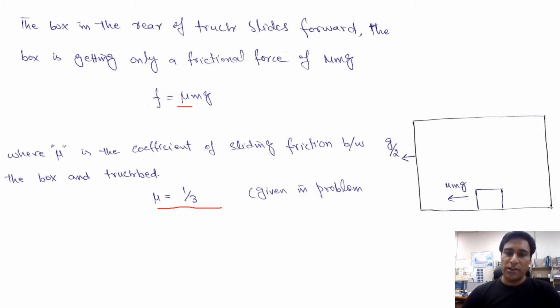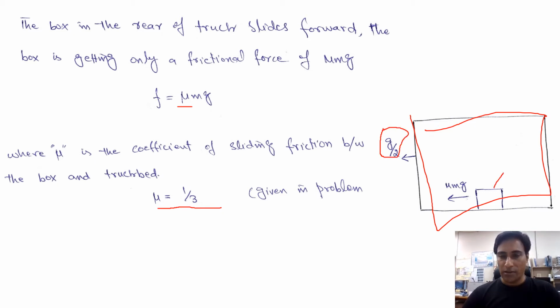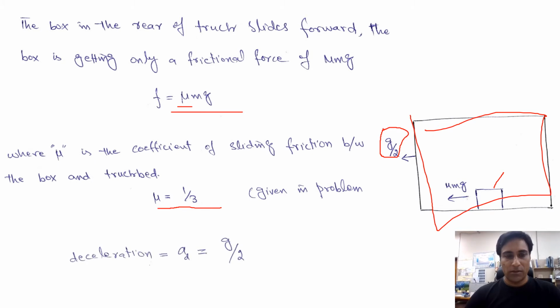So here you can see this is the truck, and when the driver applies the brake it decelerates by g/2, and this is the box in the rear of the truck. When the driver applies the brake, the box also slides forward, and its frictional force is mu mg.